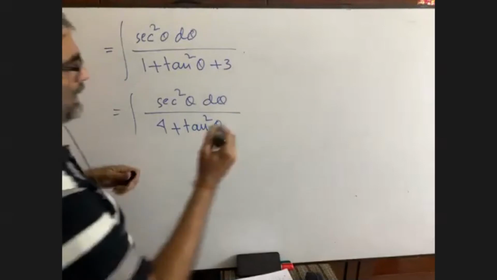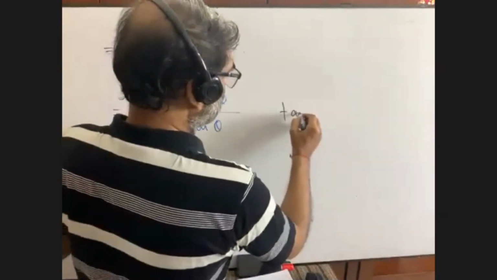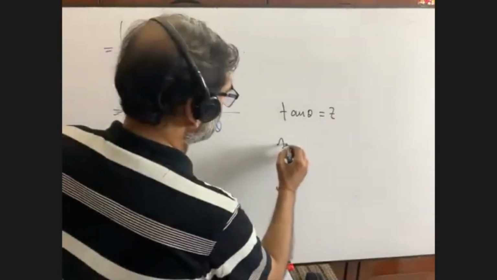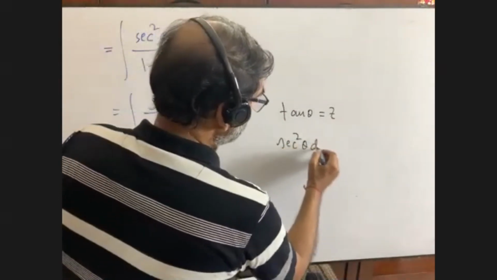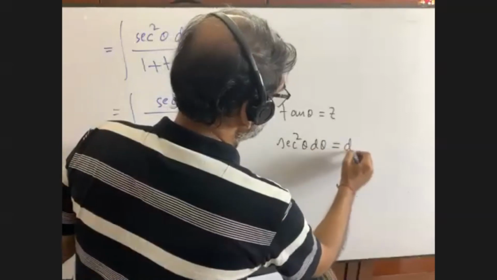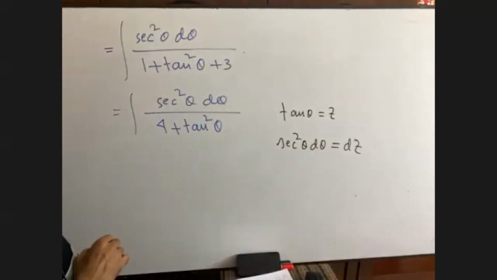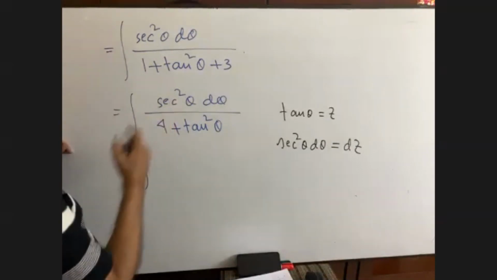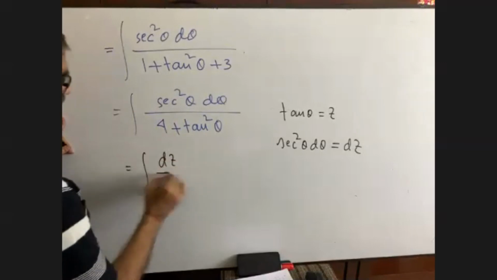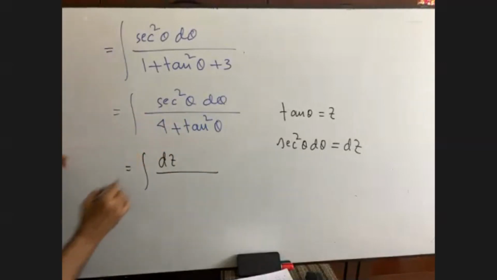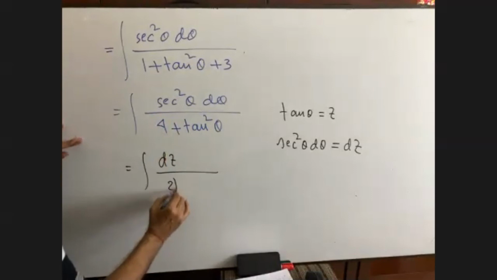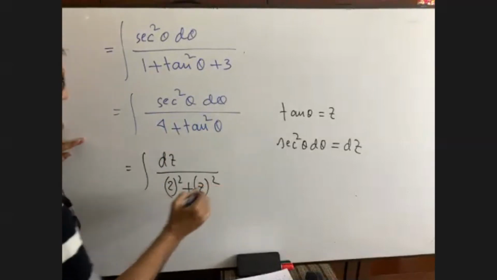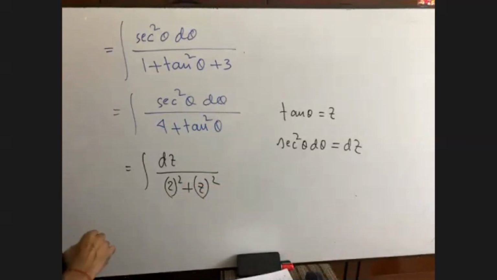Now, if I let here tan theta equals to z, then sec square theta d theta equals to what? dz. So in the numerator, we are getting only dz, and in the denominator, it is 4, so that is 2 square, and it is z.